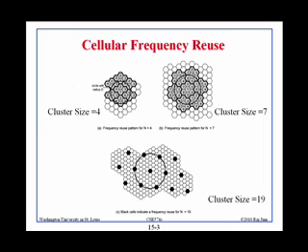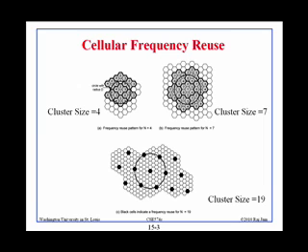So the size could be 4, 7, 19. In the case of 7, it is basically a hexagonal thing where you have a central cell which is a hexagon, and then 6 cells around it, right? So you will get a cluster of 7.